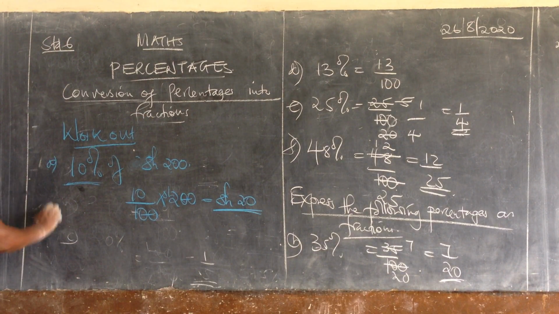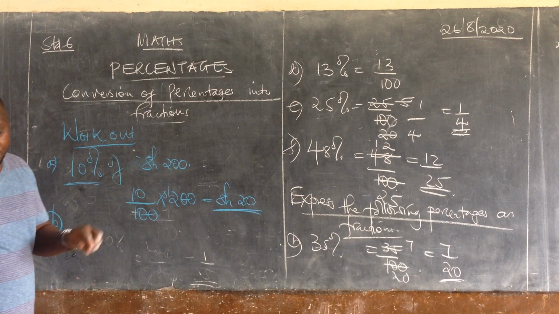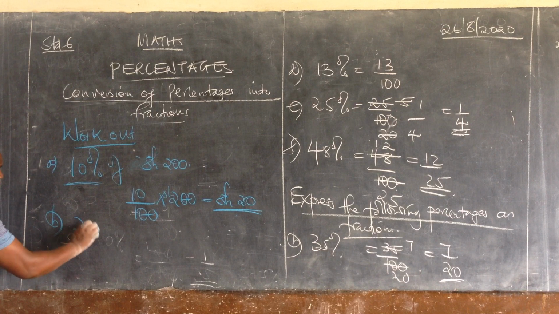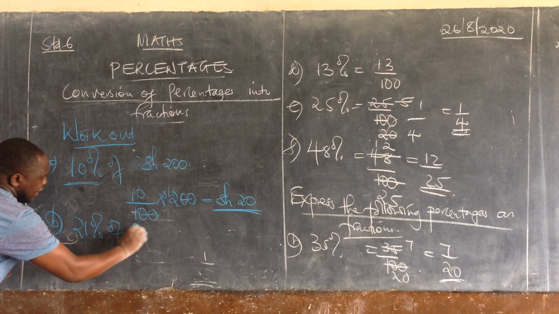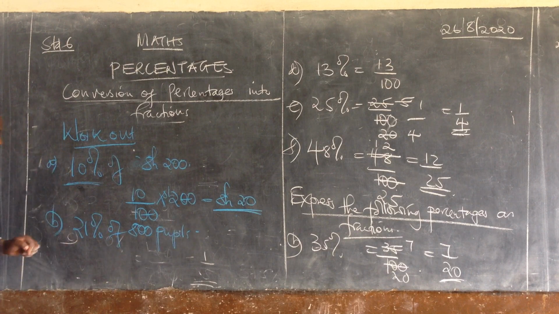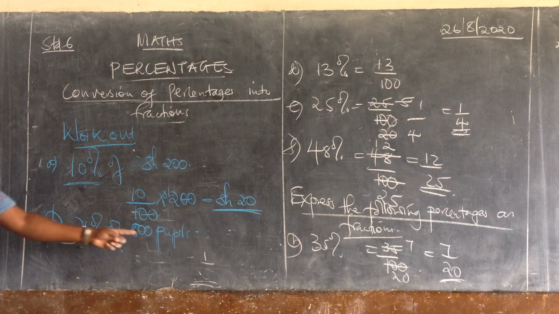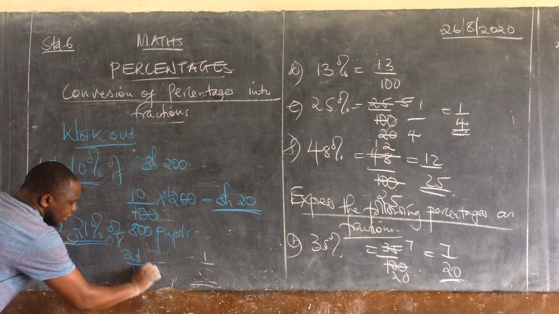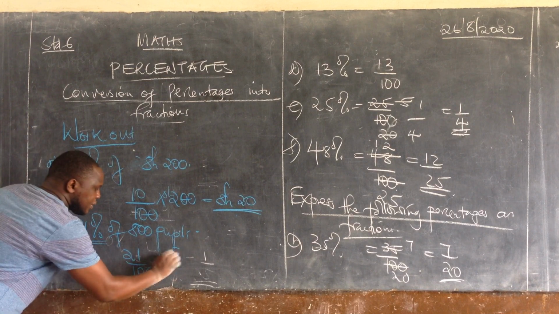Let me give you some more. 21% of 800 pupils. You remember the table that I gave you in our previous lesson? So 21% of 800 pupils, we write this as a fraction: 21 out of 100 times 800 pupils.